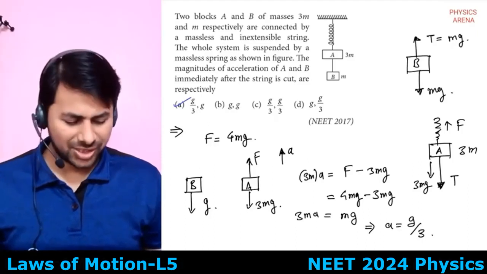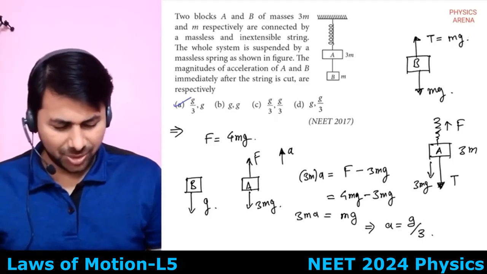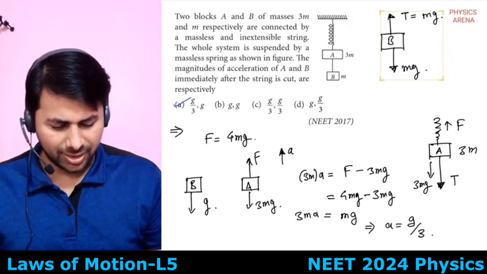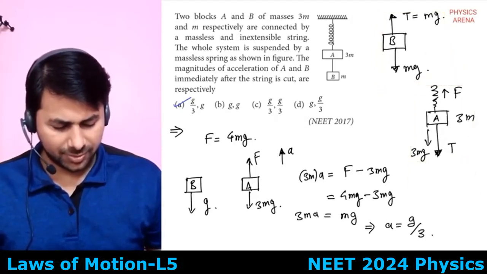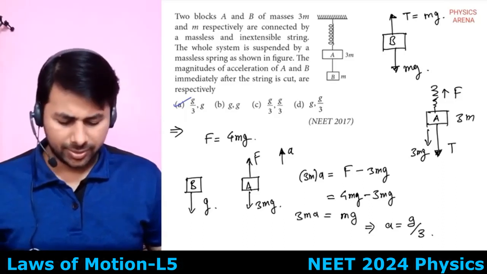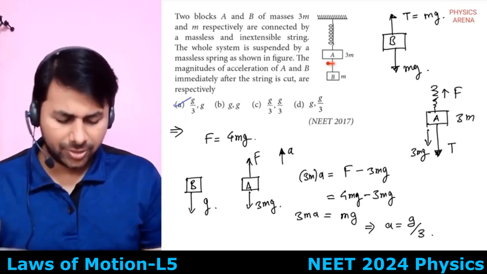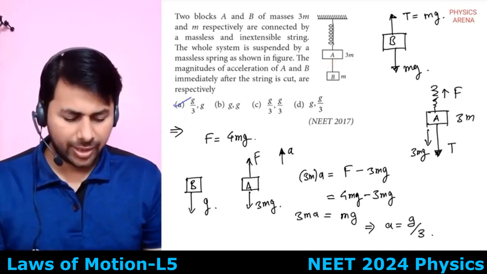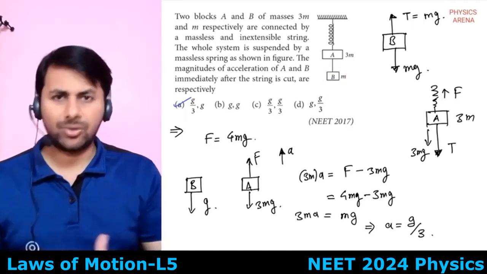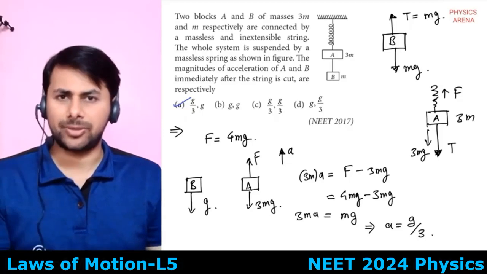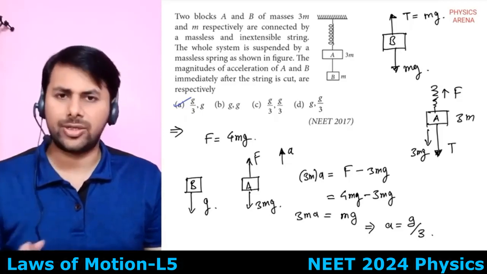So this was a good question. And in this kind of a question, we need to be careful. Careful meaning, at the moment you cut the string, what happens? B will fall down because there is no restriction on B. There is only one force acting on B, so it will just fall down.